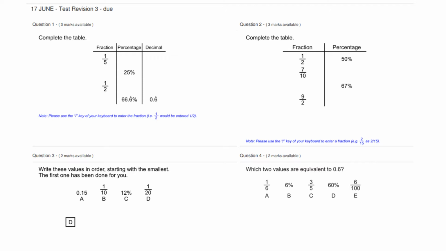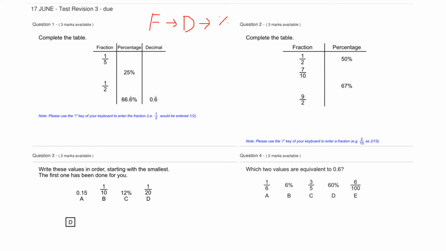If you don't know any of these, then to get from a fraction to a decimal and to a percentage, you do the following.